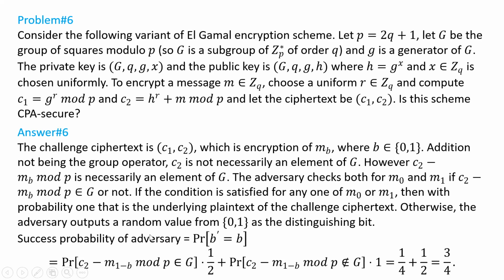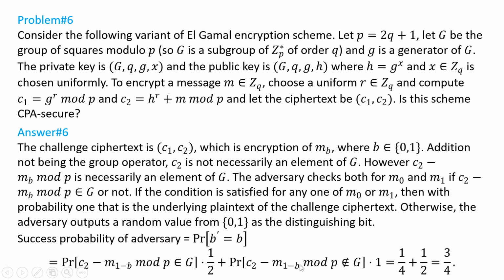So this is one event into half. Half means that if M1 minus B satisfies this condition, then, as I said, the adversary randomly outputs 0 or 1. So the correctness is just half. With probability half, it can output the correct bit between 0 and 1.